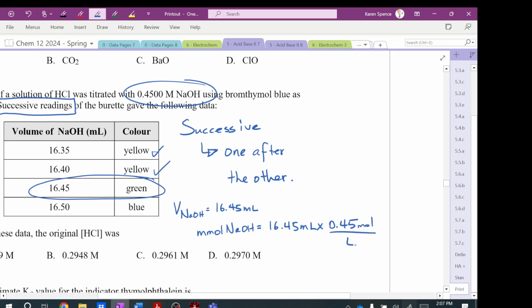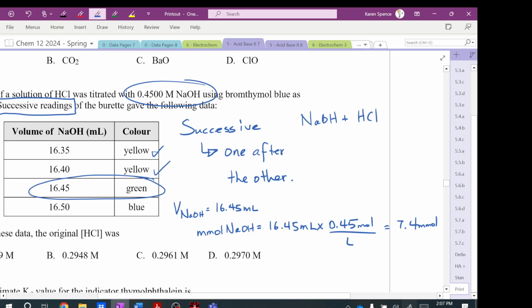So 16.45 times 0.45 equals 7.4 millimoles.